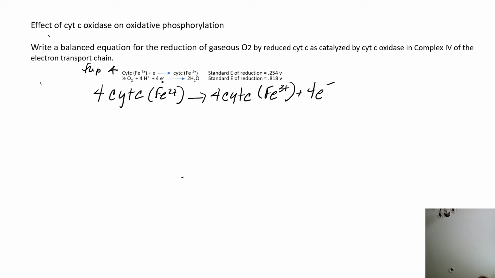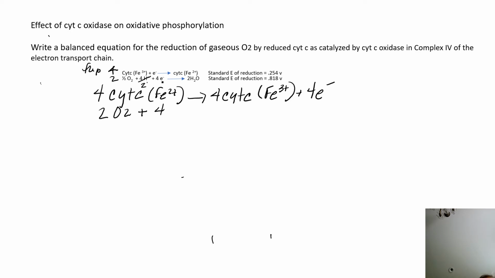We also are going to eliminate the half mole of O2 by multiplying this by 2 to get that overall reaction with whole coefficients. So we have 2 O2 plus, let's see, 4 hydrogen ions. Whoops, I miswrote this.